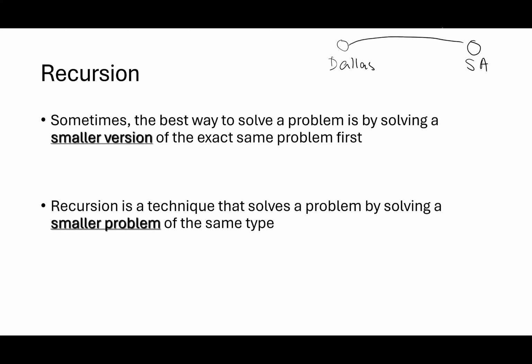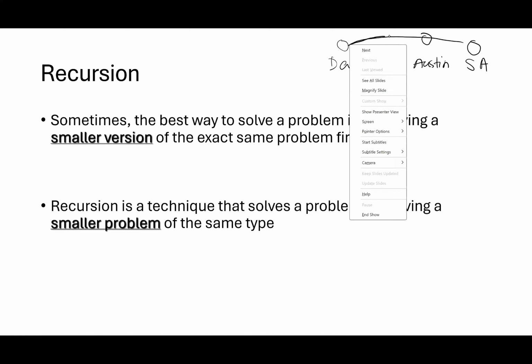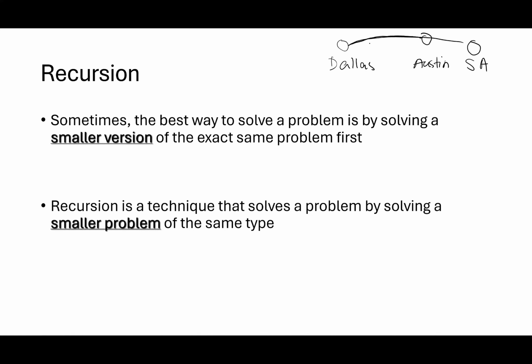Now you know that you have to go to San Antonio through Austin, right? So you can break this problem down, and then if you can find this smaller sub-problem, you can ask this question: what is the most optimized way to travel between Dallas to Austin? And then you again ask the question: what is the optimized way to travel from Austin to San Antonio?